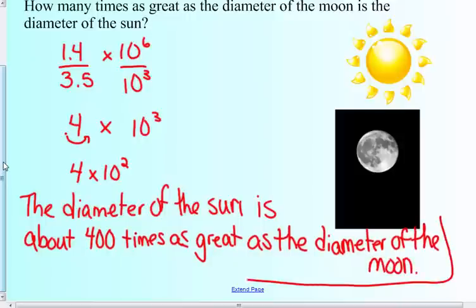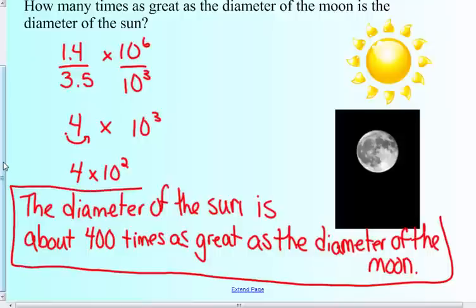Long answer there. Okay. So 400 times greater, the diameter of the sun.